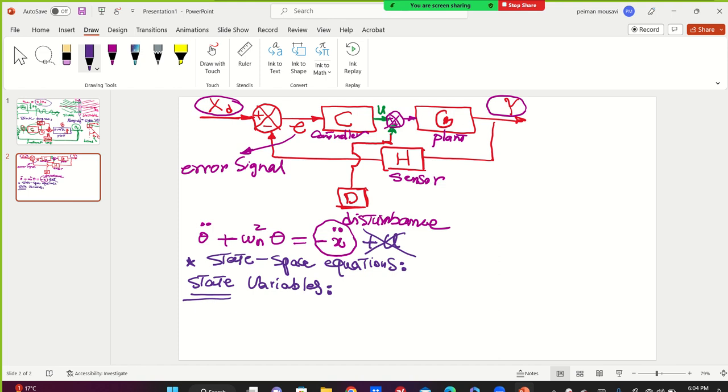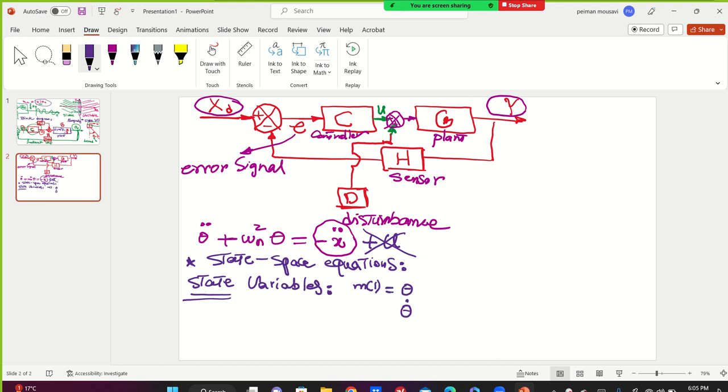For this problem, the system states are the angular position of the system and the angular velocity of the system. So we are defining a state space exactly as I'm doing in MATLAB.